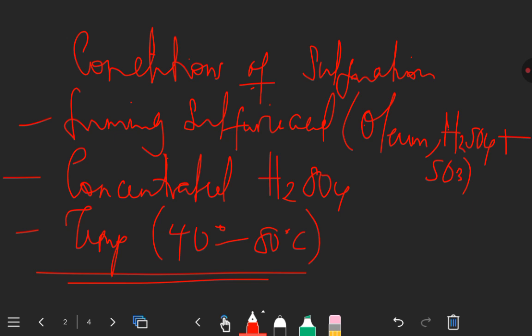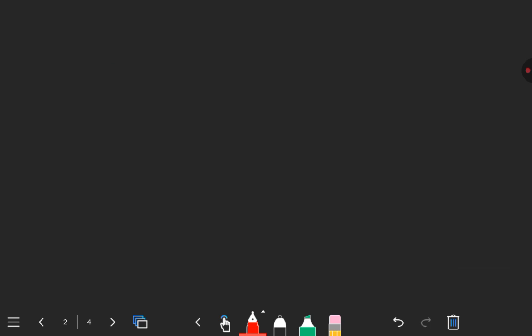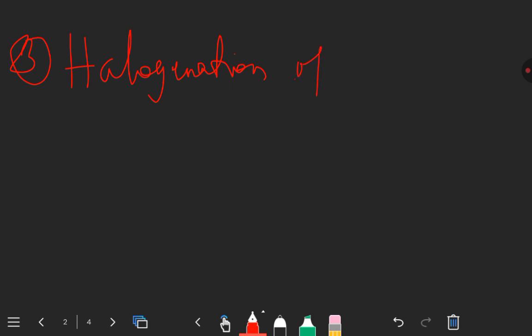Let's look at another reaction which benzene is able to undergo. The other reaction is known as halogenation. As the name itself suggests, it is an electrophilic substitution involving the reaction of benzene with a halogen. So that is simply halogenation of benzene.